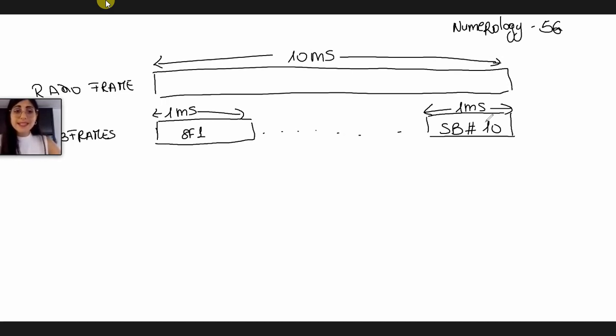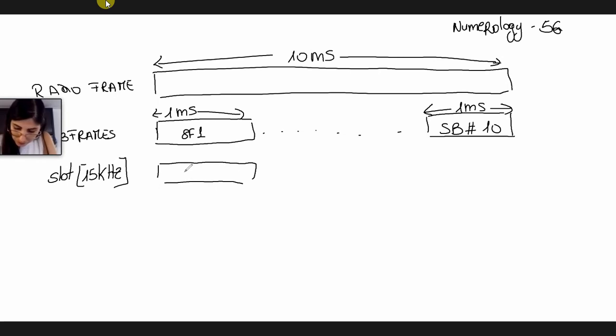Then inside subframes, we have slots. The number of slots changes with respect to the sub-carrier spacing. So if we have, for example, 15 kilohertz of sub-carrier spacing, the TTI is 1 millisecond. That means that inside one subframe, we have one slot, which lasts 1 millisecond.